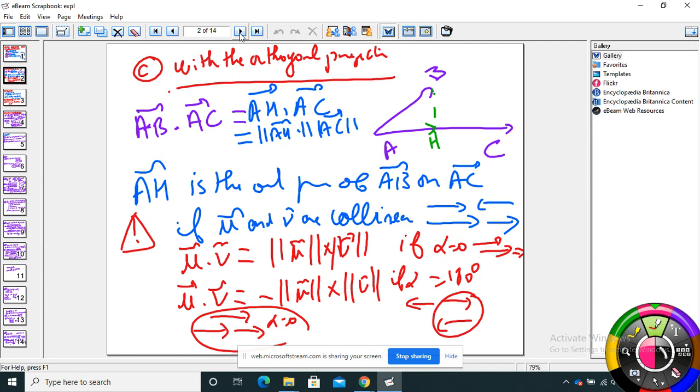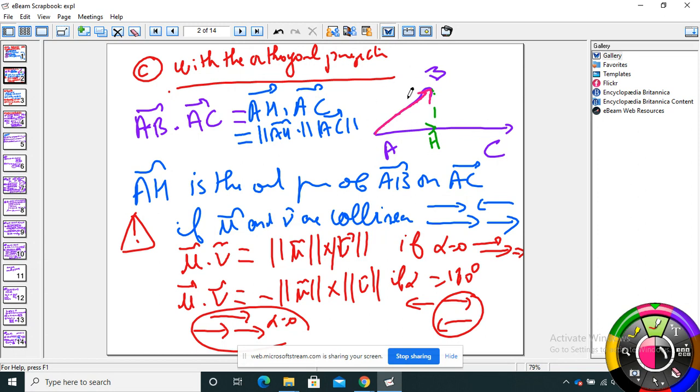Now, we also have a rule for the dot product using the orthogonal projection. If you are doing a dot product of two vectors, I have AB dot AC. It's the same as if I do the orthogonal projection of AB on the vector AC, it's equal also to AH dot AC, with H the orthogonal projection of B over AC.